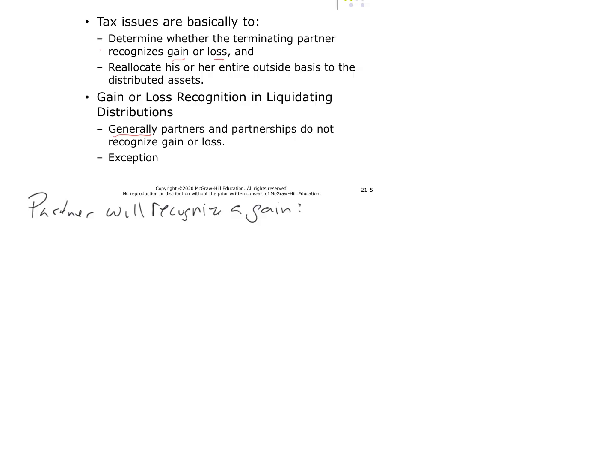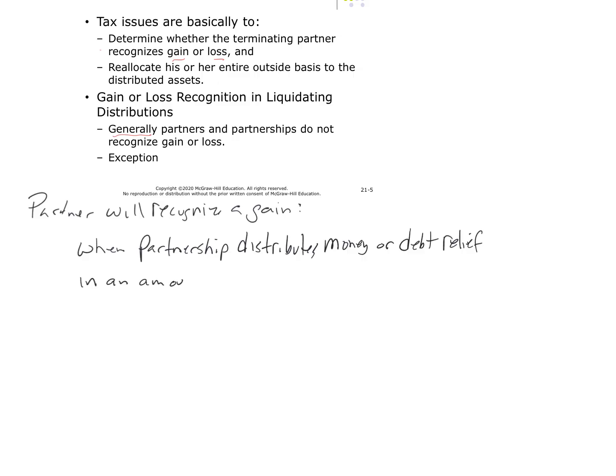So the partner will recognize a gain on money or debt relief that exceeds the partner's outside basis. Okay? So that's when you would recognize a gain.